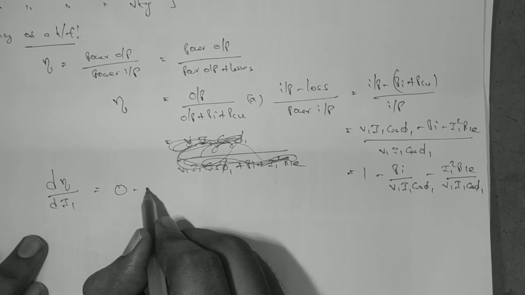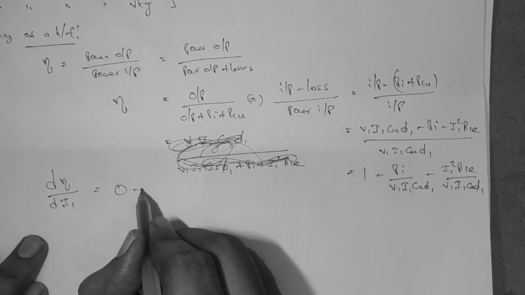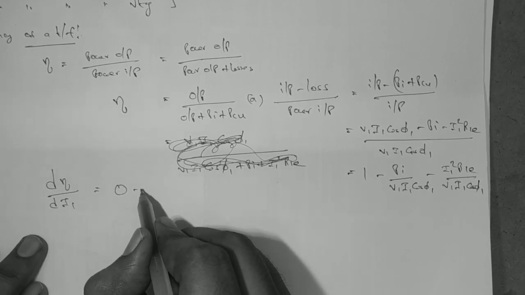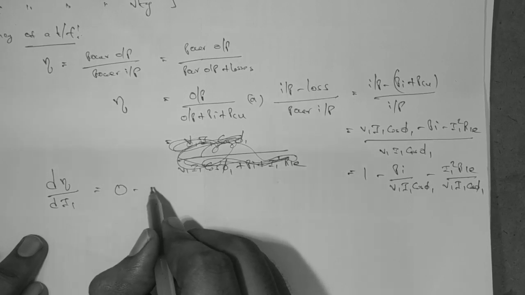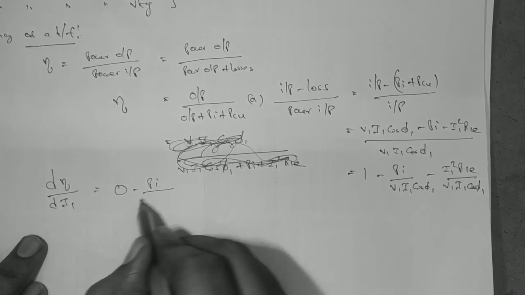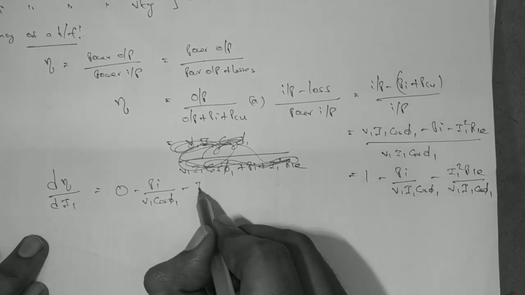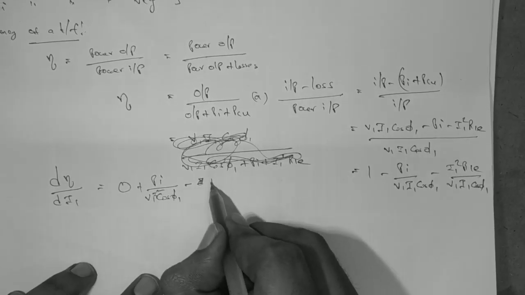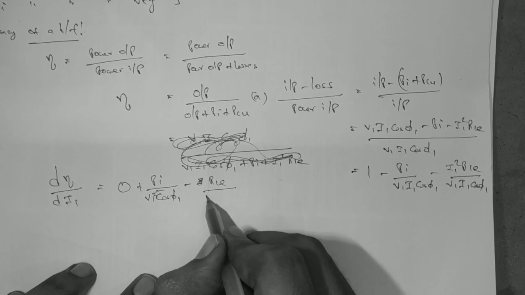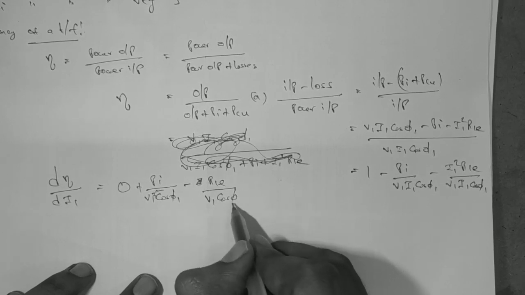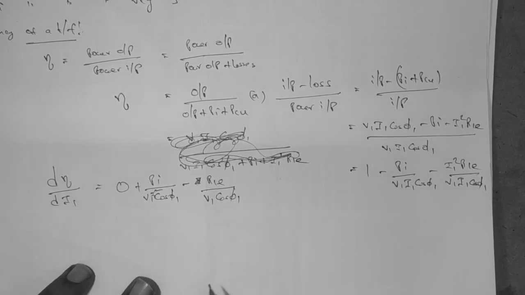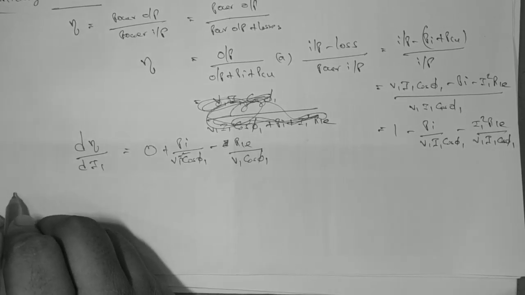The second term has I1 in the denominator, so minus of minus becomes plus Pi divided by V1 I1 square cos phi 1, and the third term is minus R1E divided by V1 cos phi 1.